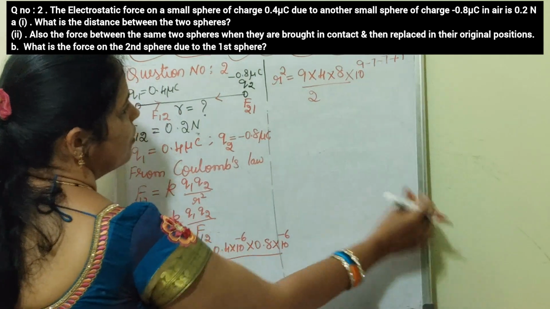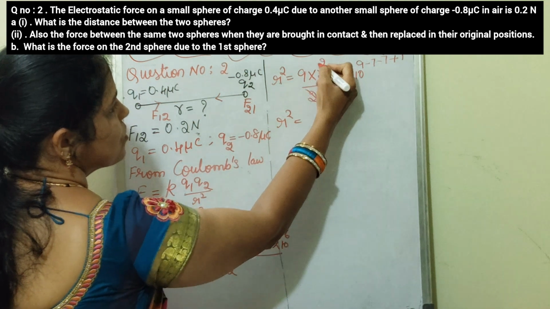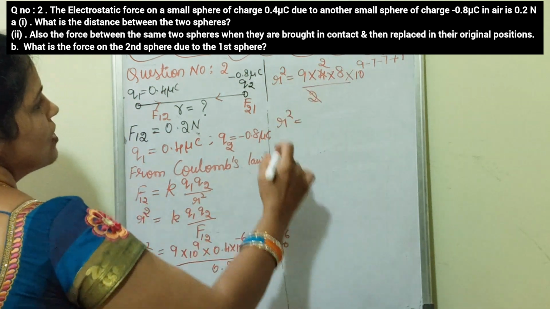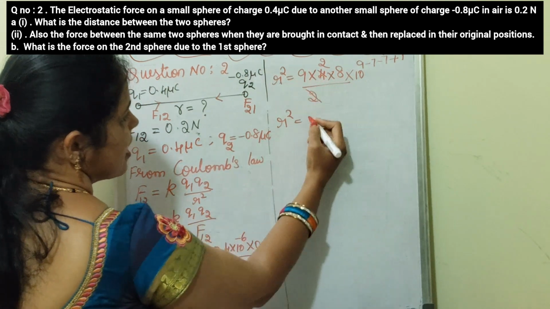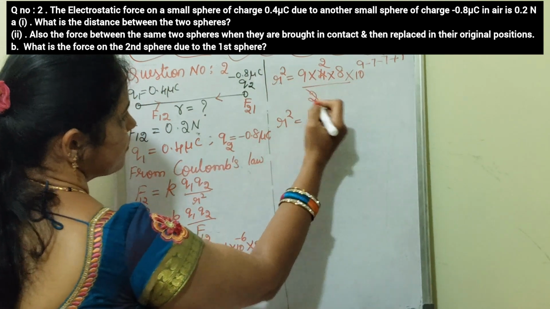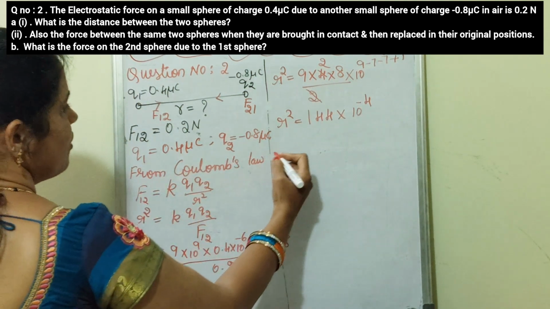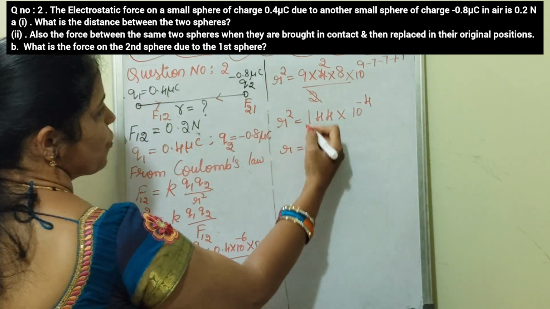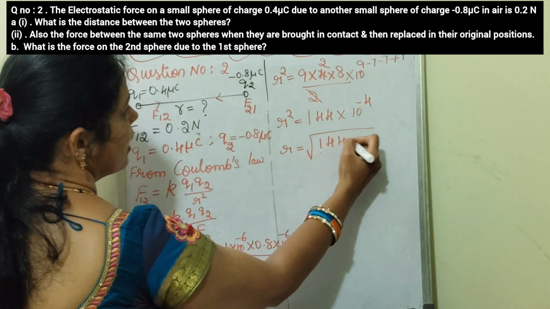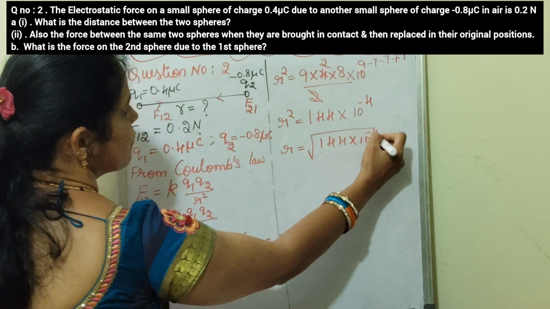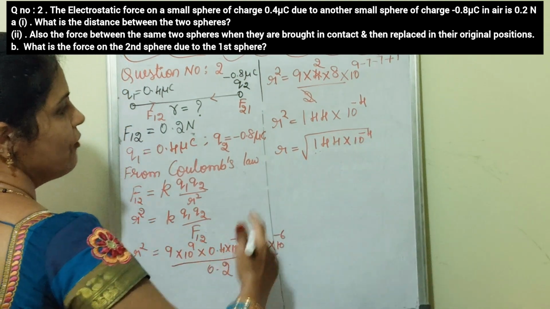Now, r square is 2 ones are 2, twos are. If you multiply this, 9 twos are 18, 18 eights are 144, into 10 to the power minus 4. Now let us take the square root of this. We know that 144 is the square of 12.